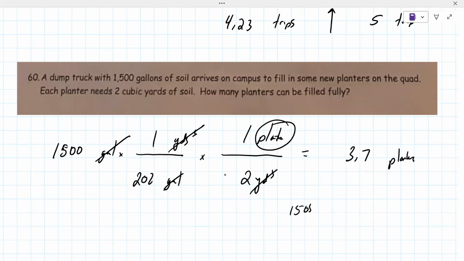It enters, well, so this one can't quite fill it up. So it's 3.7 planters. It's not asking how many do you need. It's just saying how many can be filled. Right. So is 3.7 the correct answer? You've got to decide, is it reasonable or not?